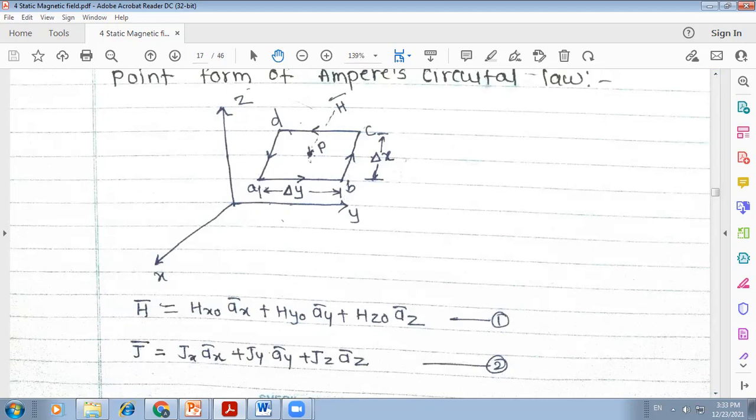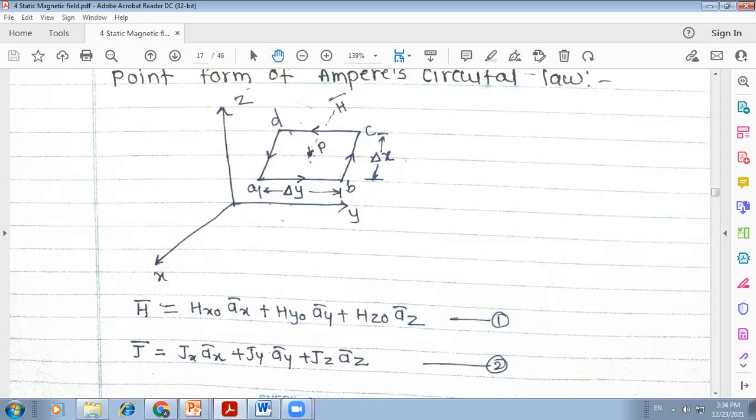Any vector is equal to its magnitude into direction. So what will be h bar for the a to b path? For path a to b, in which direction are you going?